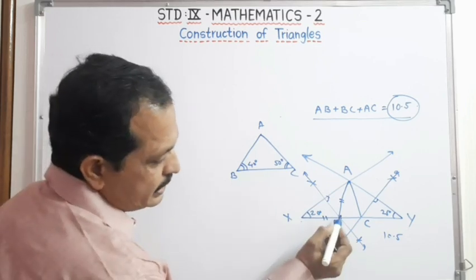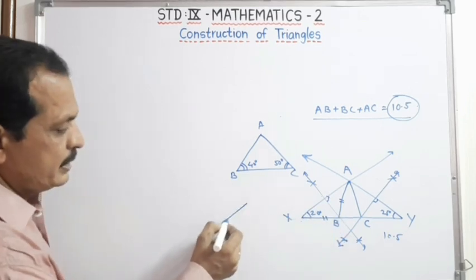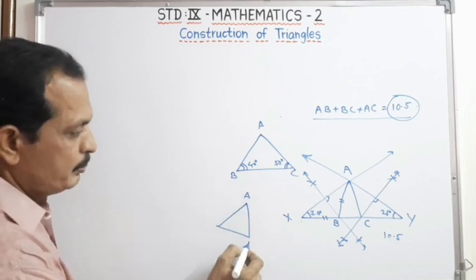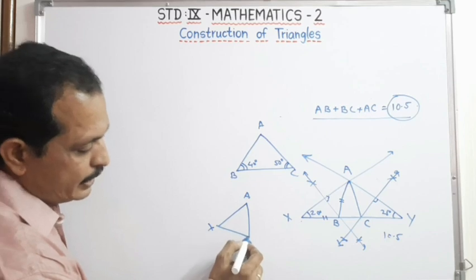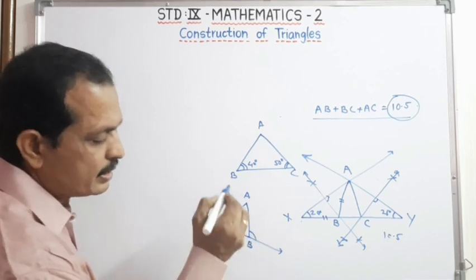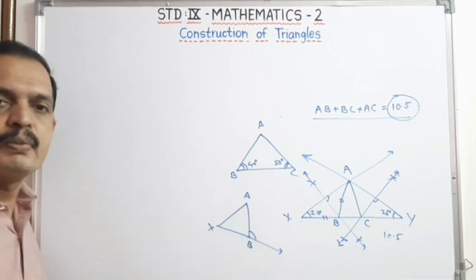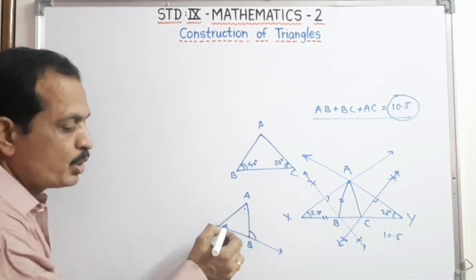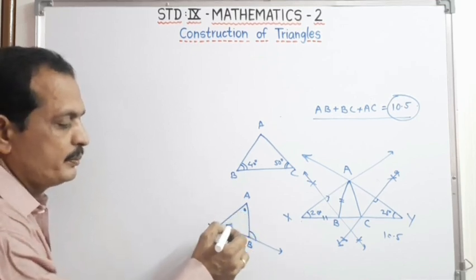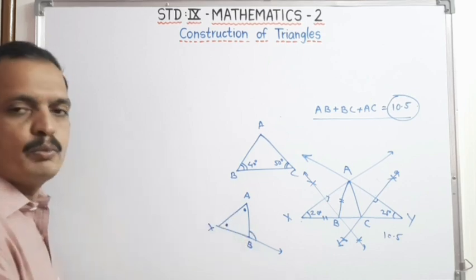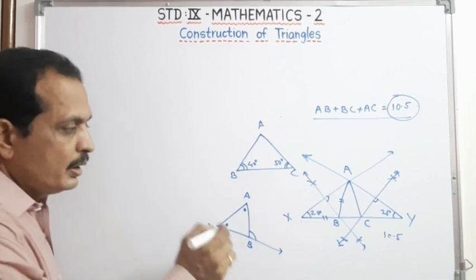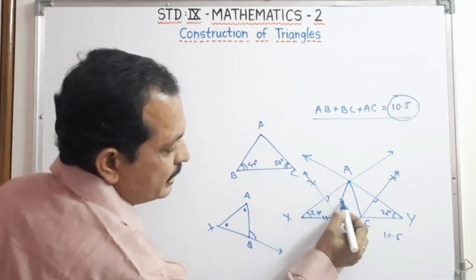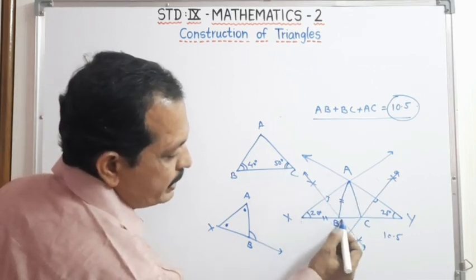Okay. Now see, dear student. This is triangle ABX. And if we produce this, then this angle is called the exterior angle. And the measure of this exterior angle is equal to the sum of the remote interior angles. These two are called the remote interior angles. Now see here. If we consider this triangle, this AB is congruent with BX.